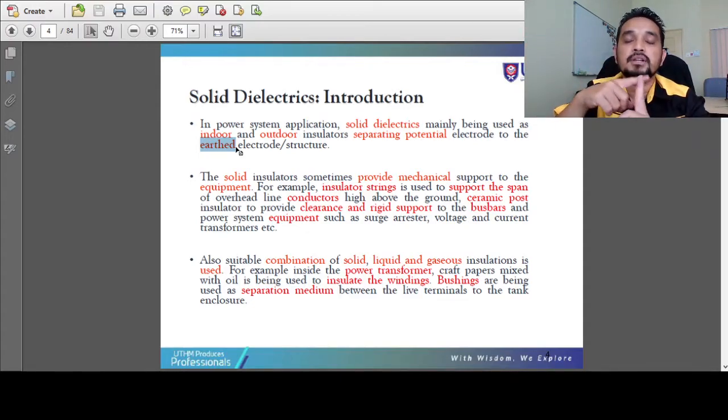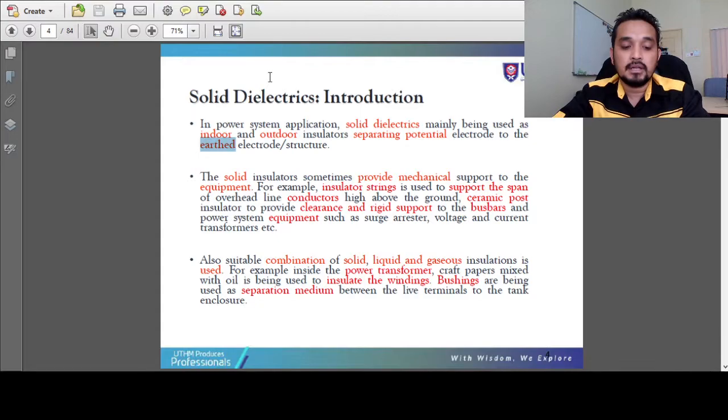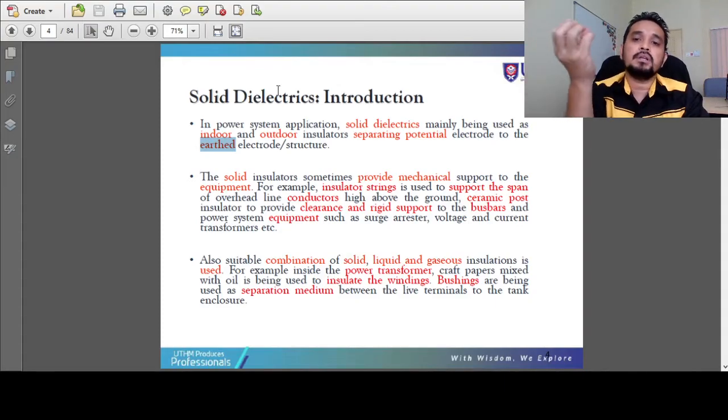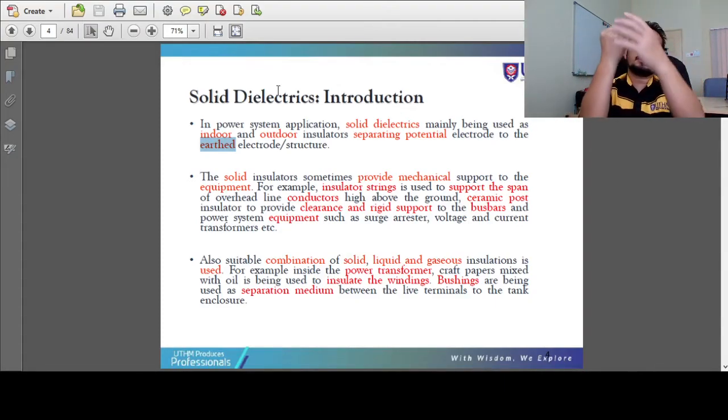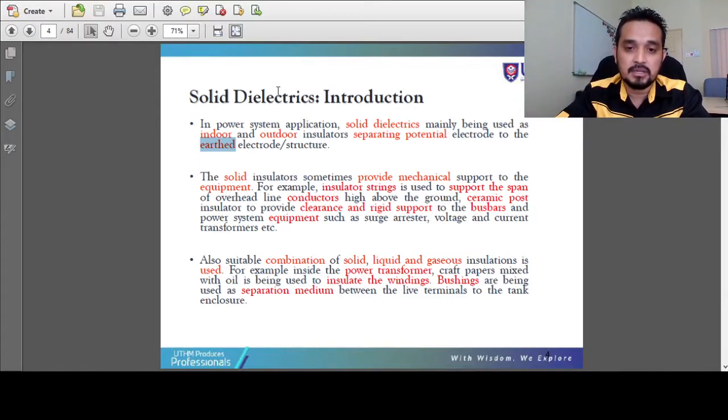The simplest example that we can see is the suspension insulator, the one hanging in the transmission line, in which it will provide the mechanical strength to support the earth tower and the cable to hold the transmission line.